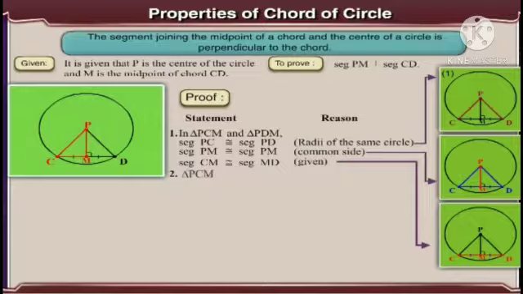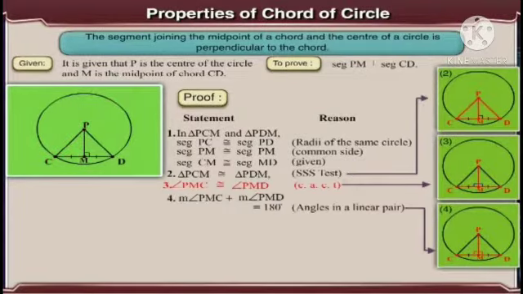Let us consider two triangles, triangle PCM and triangle PDM. In triangle PCM and triangle PDM, segment PC is congruent to segment PD, since they are the radii of the same circle, segment PM congruent to segment PM, common side, segment CM congruent to segment MD, given.